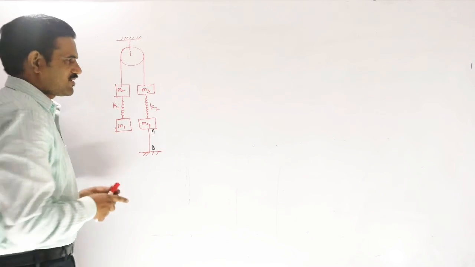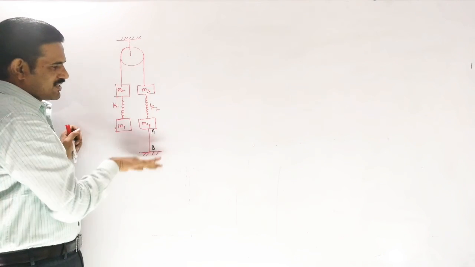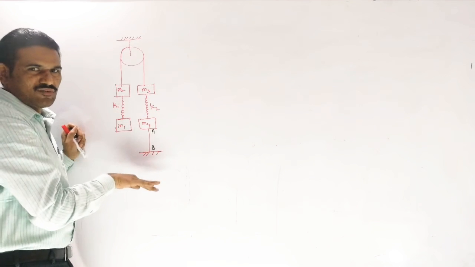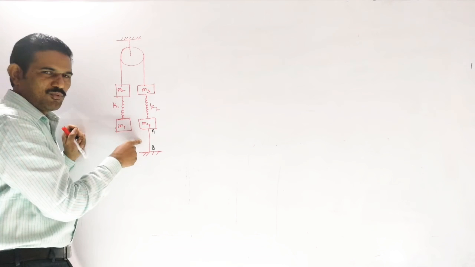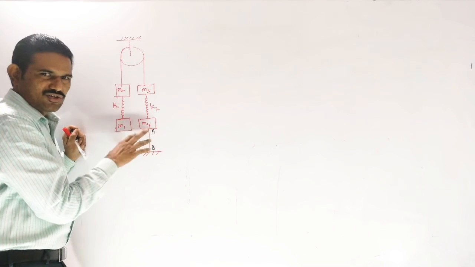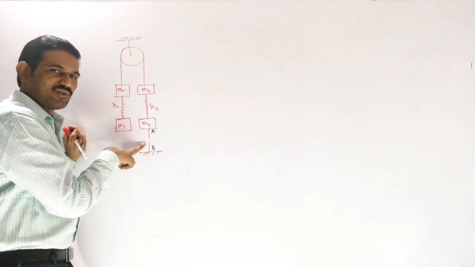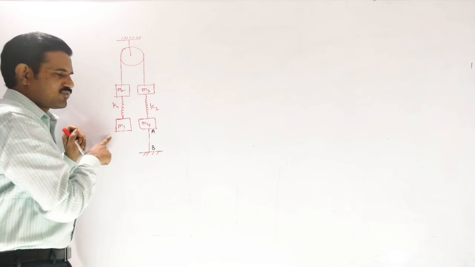Otherwise, if the weight of these two blocks is more, then the system will accelerate in this direction, because there is a possibility for that. It can accelerate in the downward direction, so it does not oppose any such acceleration, and it will simply become loose, and there won't be any tension in the string. So M3 plus M4 is greater than that of M2 and M1.